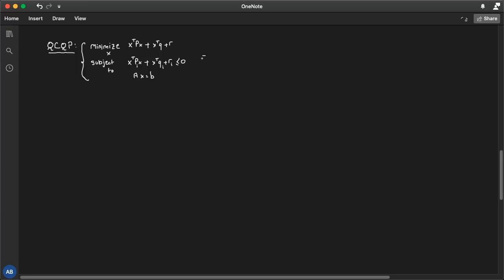That is, we're going to write this as minimizing a scalar gamma, where gamma upper bounds the initial cost, that is x transpose Px plus x transpose q plus r. It's always upper bounded by gamma, right? By doing so, we have added one variable to the problem, that is gamma, right? So that's the first step.